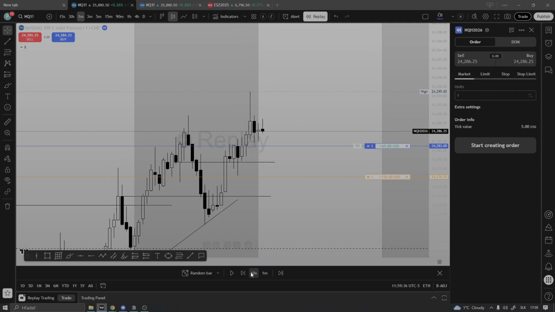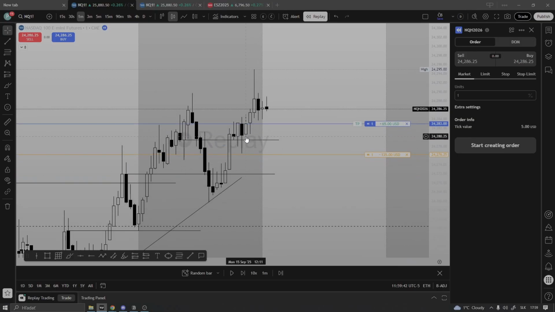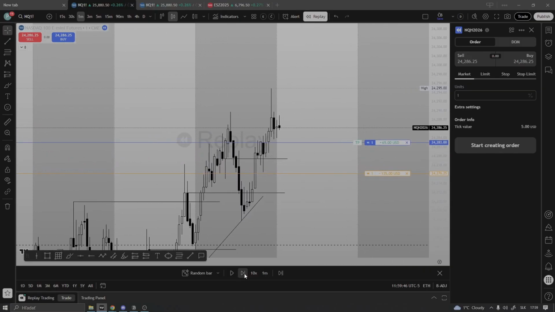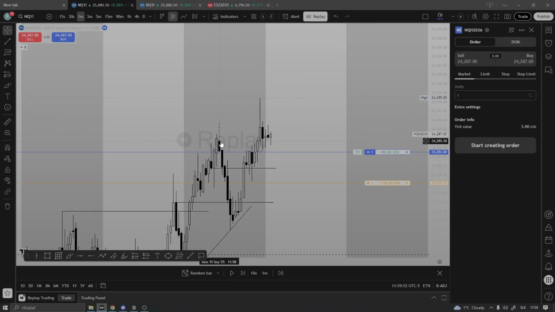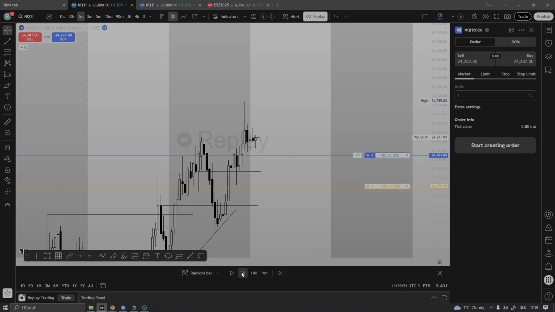Internal soup at the high. If we get strong closure below the 12:11, we might enter shorts. Okay, little accumulation. Again, where are we accumulating? Above the previous highs. That makes sense. Now we are souping the highs again.